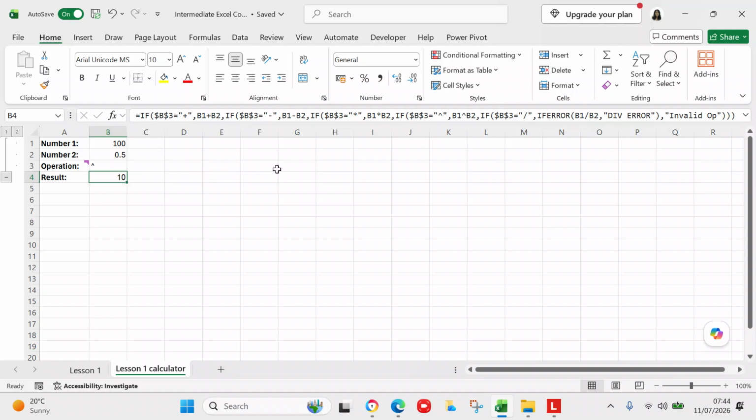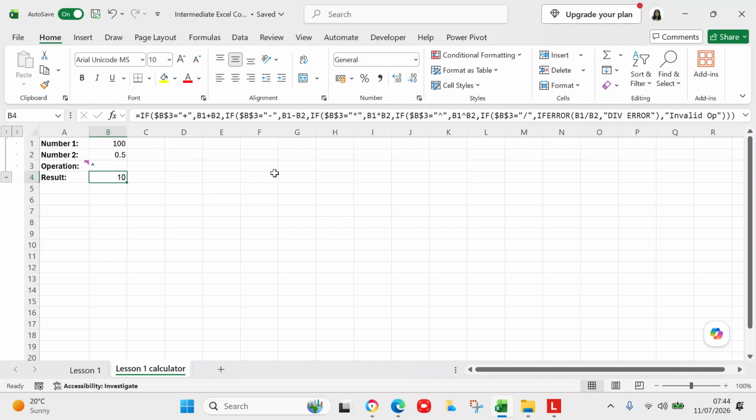If $3 equals star, it's going to be B1 times B2. If $3 equals a caret sign, it's going to be B1 to the power of B2.